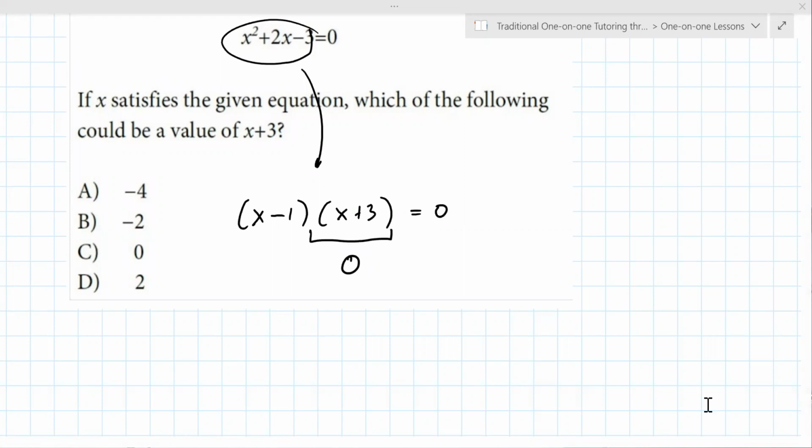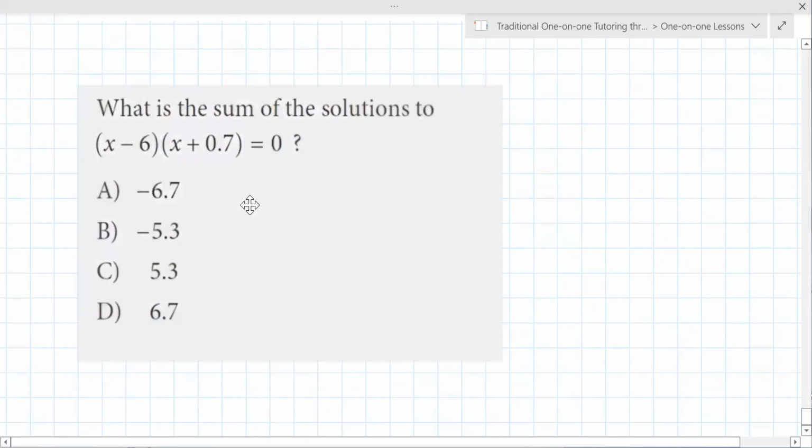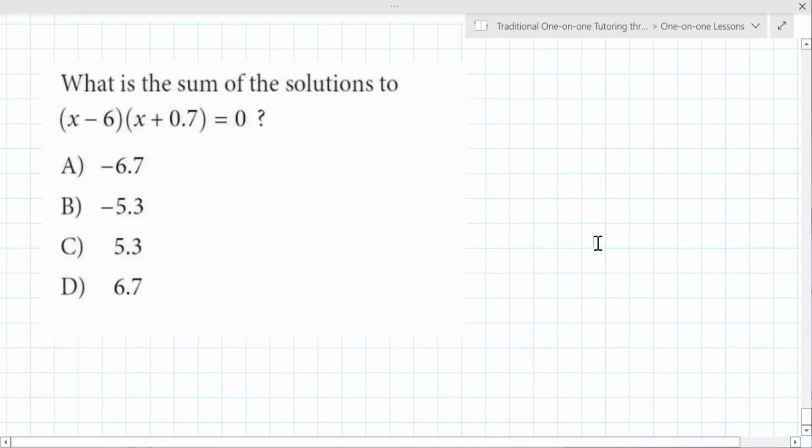All right. I want you to read this question out loud for us. What is the sum of the solutions to (x minus 6)(x plus 0.7) equal to 0? So what is the sum of the solutions? What does the word sum mean? Oh, sum. Yeah, sorry.